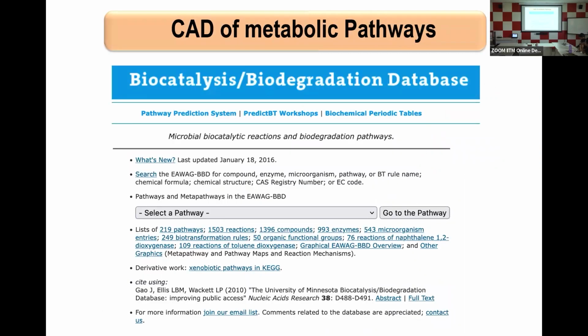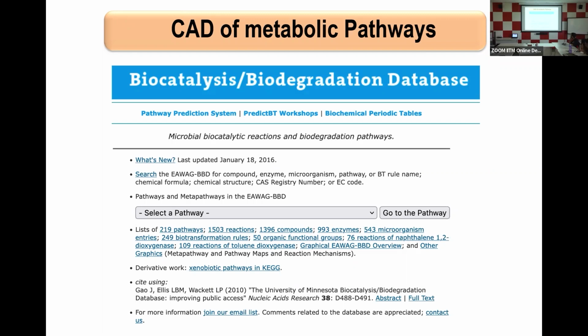Okay, so for construction of more complex pathways, not just knocking out here and there to produce amino acids or metabolites, but for construction of complex molecules where you need to bring in genes from various origins, then the process can be helped with, again, a number of platforms. For instance, you have this very famous platform that is called the Biocatalysis and Biodegradation Database.